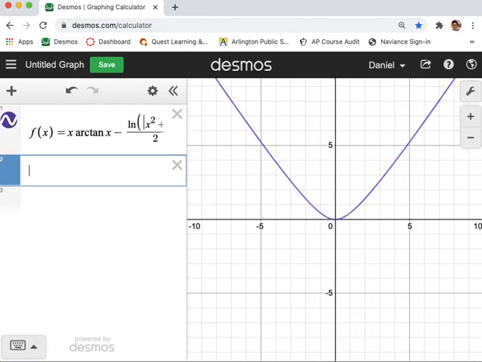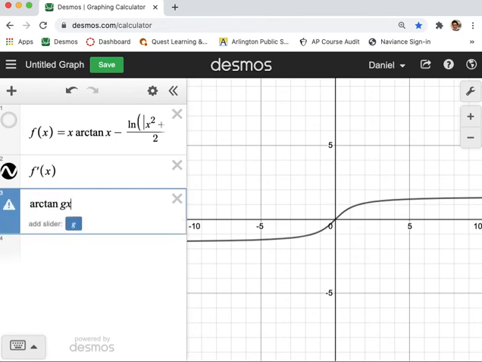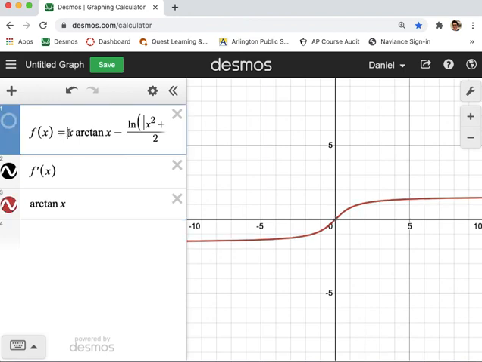And I really don't care what that looks like. It does look kind of cool, but I don't care that much. What I care about is that the derivative of that looks exactly like the original arctangent that we were talking about before. And so those two functions are the same function, which means the derivative of our answer is equal to the original integrand. That means we've successfully found the antiderivative.